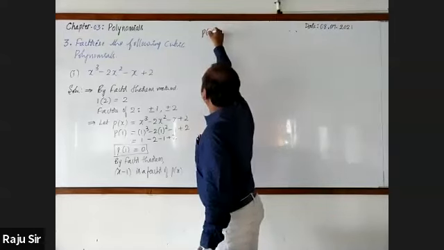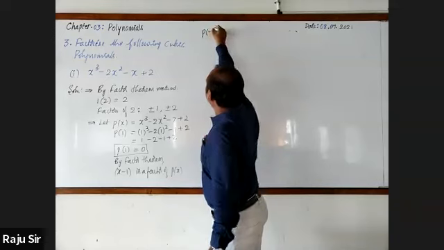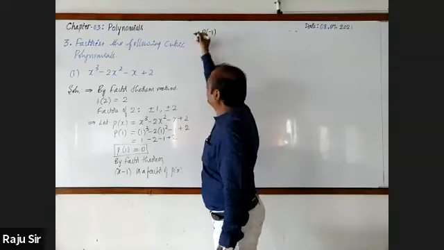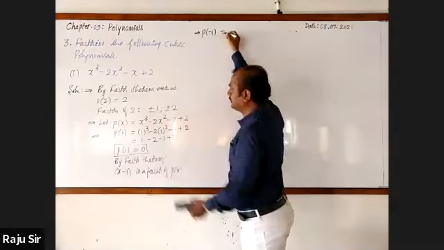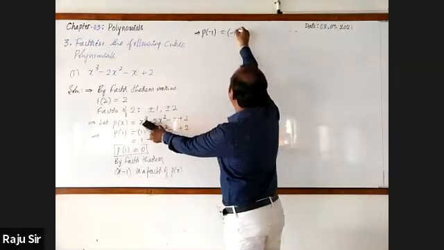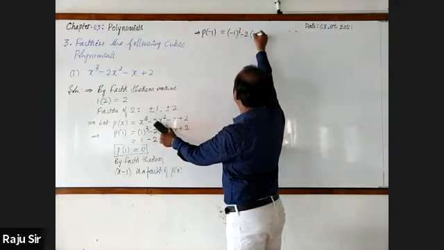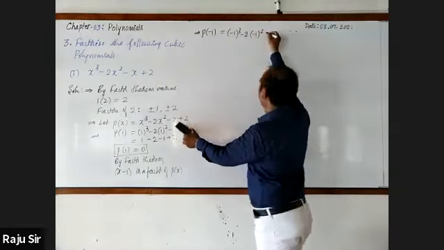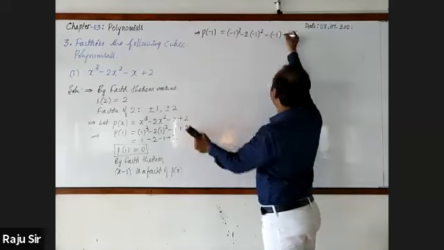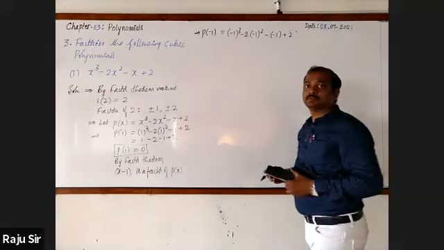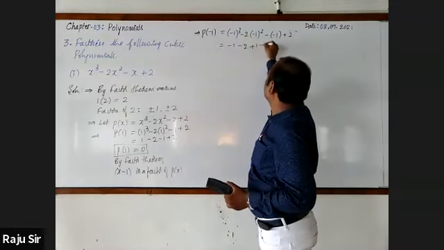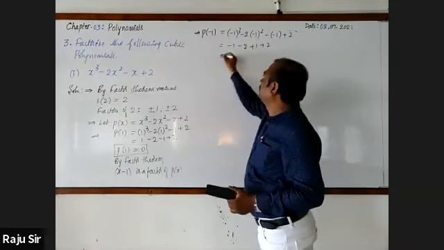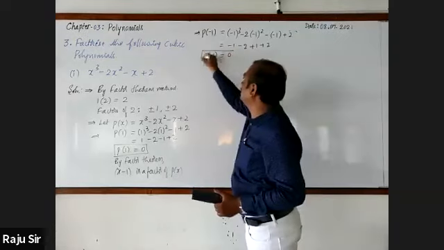Let us find P of minus 1. P of minus 1 is equal to minus 1 whole cubed minus 2 into minus 1 whole squared minus of minus 1 plus 2. It is minus 1 minus 2 plus 1 plus 2, which is 0. x plus 1 is a factor.